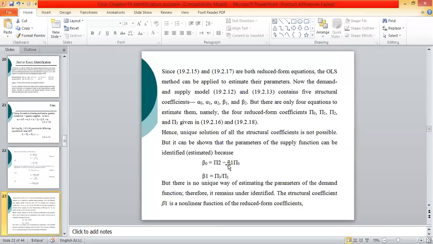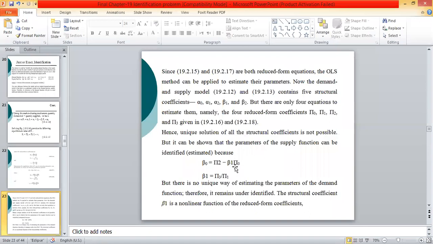So this is the value of beta 1 that comes from here. First we determine beta 1, and then we will use it to determine the value of beta naught. So beta naught equal to pi 2 minus beta 1 pi 1.